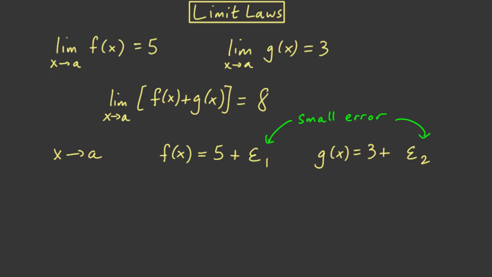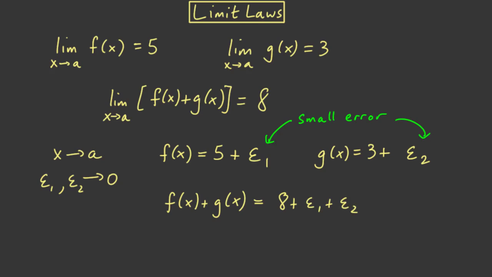And we know that as x tends to a, these small errors, epsilon 1 and epsilon 2, are going to be getting smaller and smaller, going to 0. Meanwhile, f of x plus g of x, just add this, and it'll be 8 plus epsilon 1 plus epsilon 2.